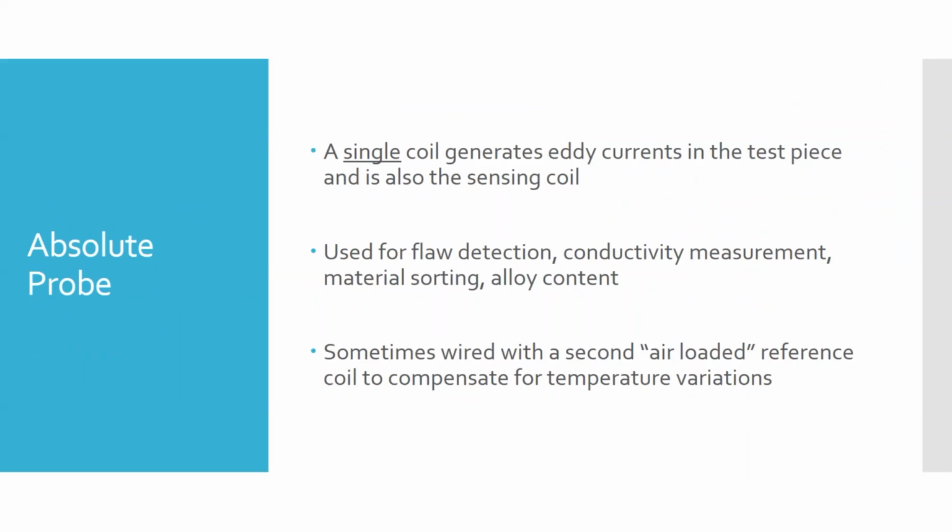But if you need that extreme level of precision, you might need to compensate for those changes in air density, which can also be moisture content, temperature, pressure, all that. And so you'll have a coil that's air loaded. It doesn't have any kind of a core in the center of it, where it'll compensate for those changing environmental conditions.